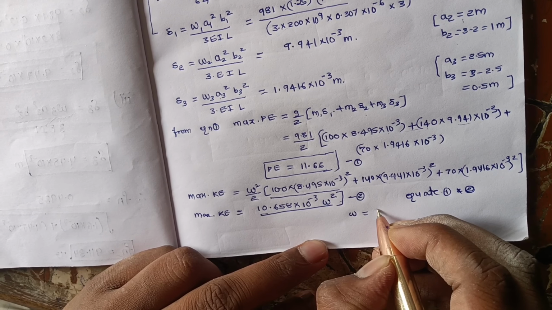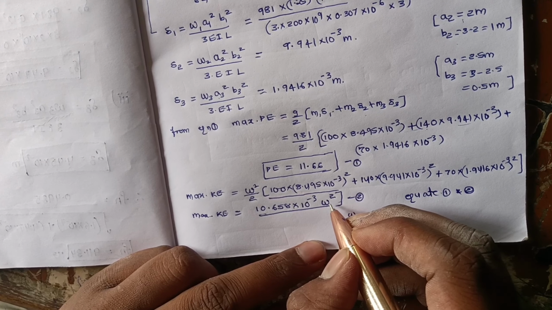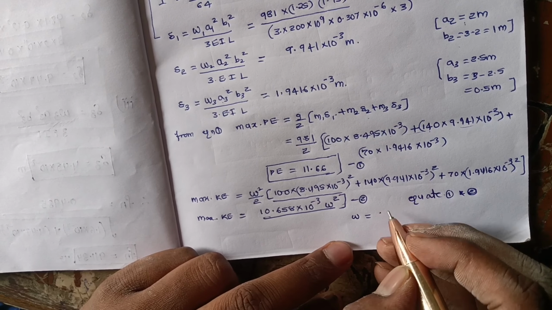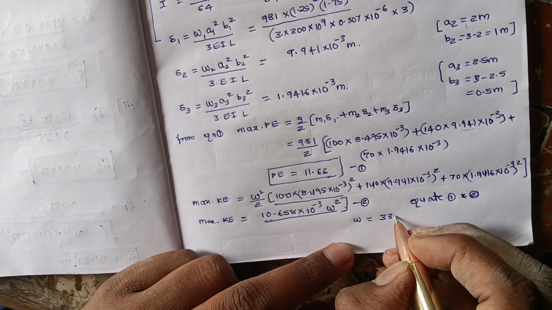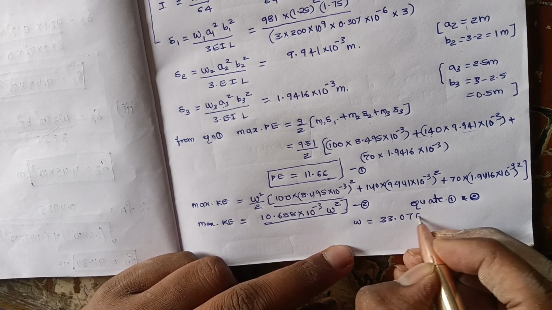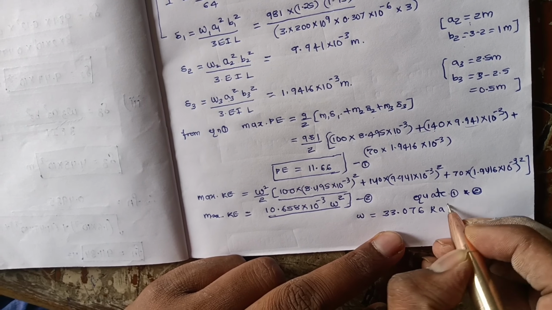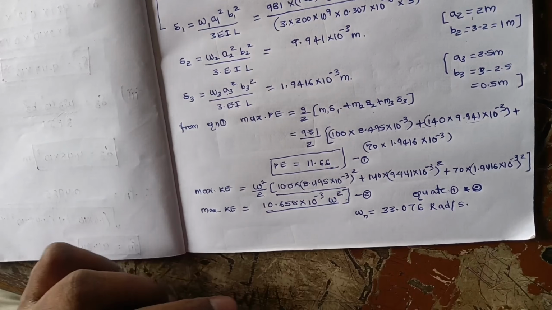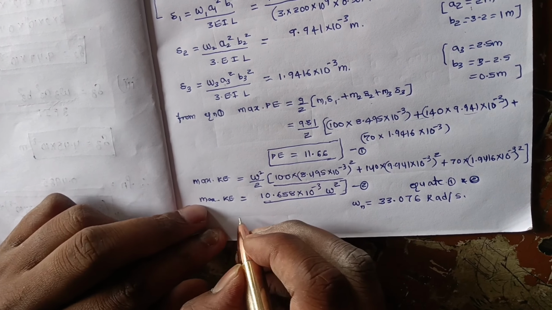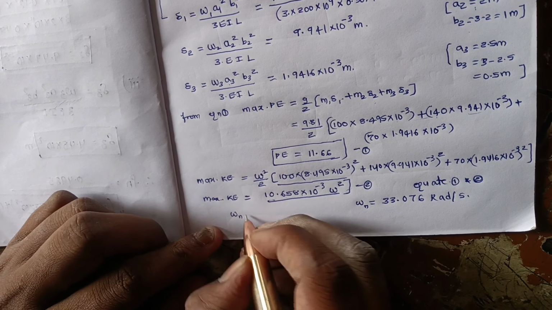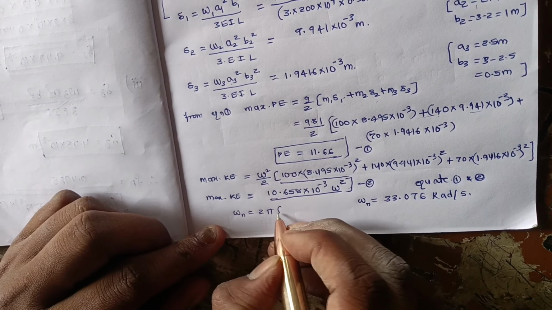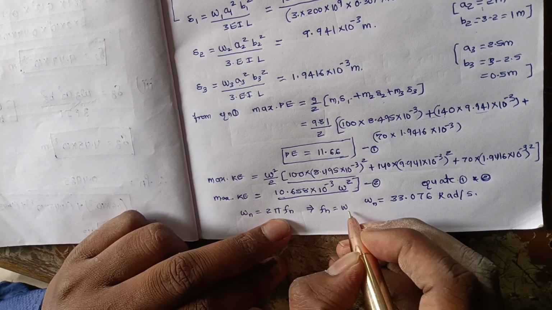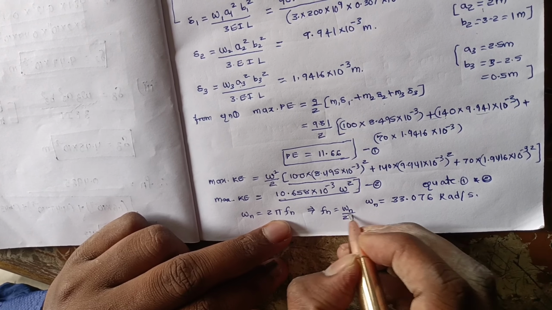From that we will get W squared. So from this you can easily find out the W value, that is 33.076 radians per second. This is nothing but omega n, the natural frequency. But as you know, omega n is equal to 2 pi Fn, and we need the Fn value, that is omega n by 2 pi.